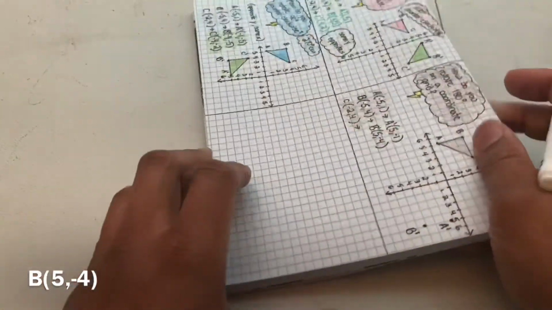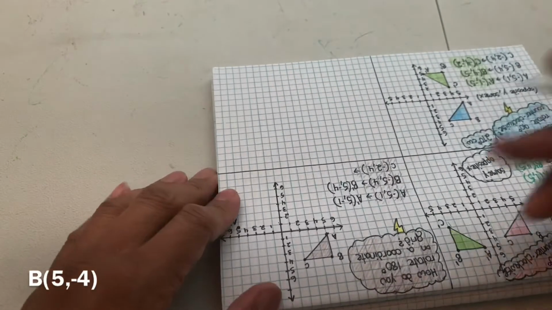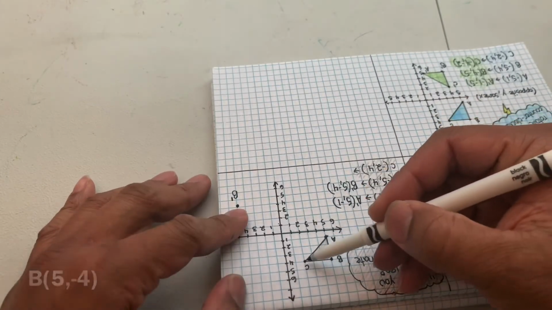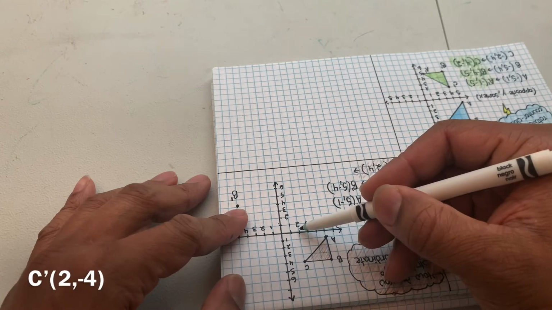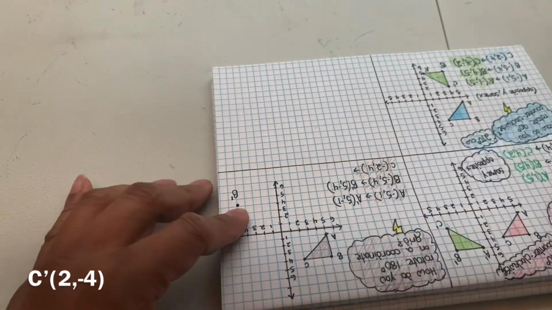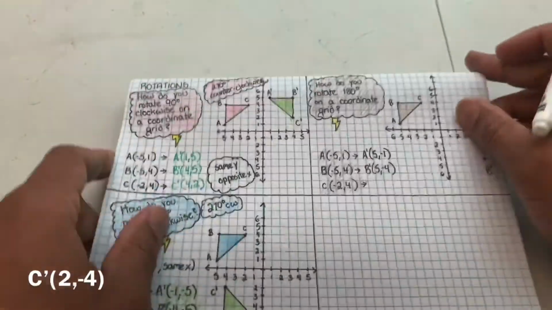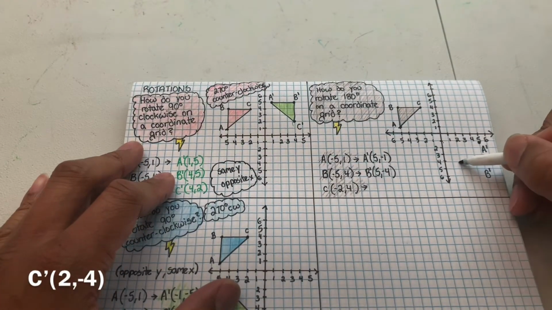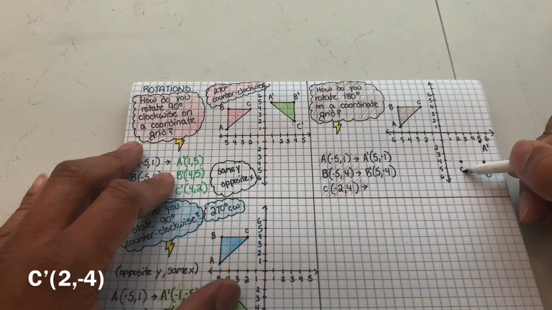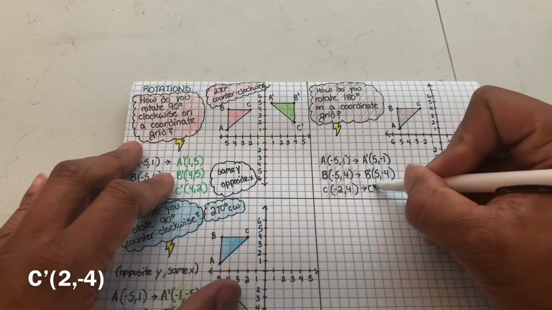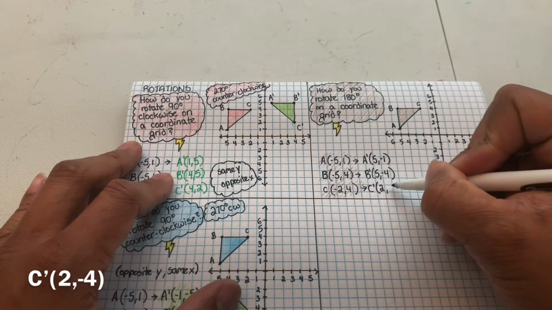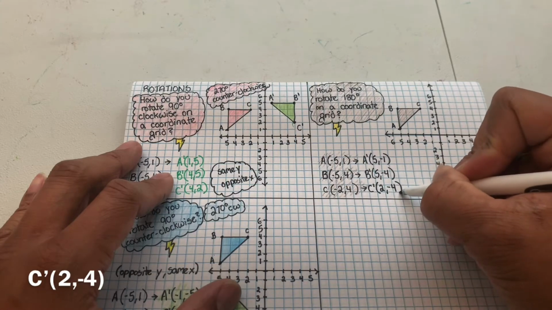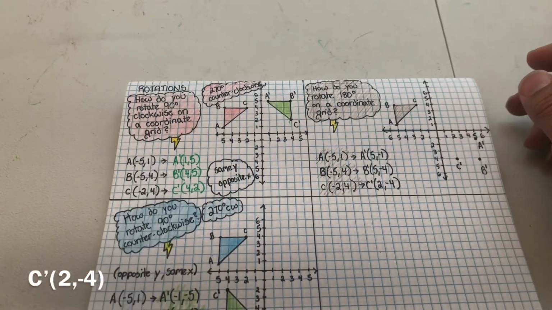Okay, let's turn it again. 1, 2, 180. Okay, and C prime is at 2, -4. 2, -4. Okay, let's go ahead and connect them.